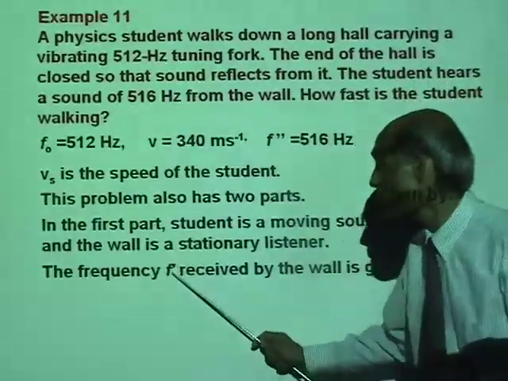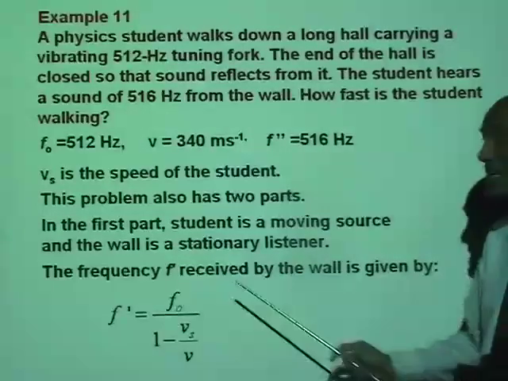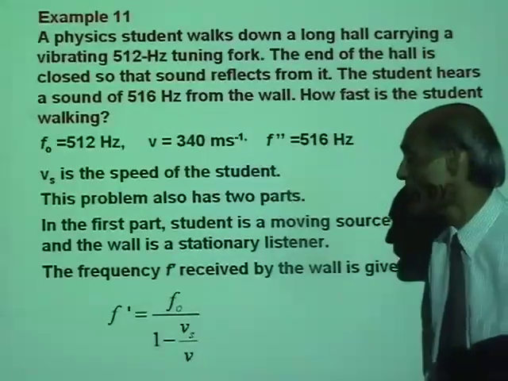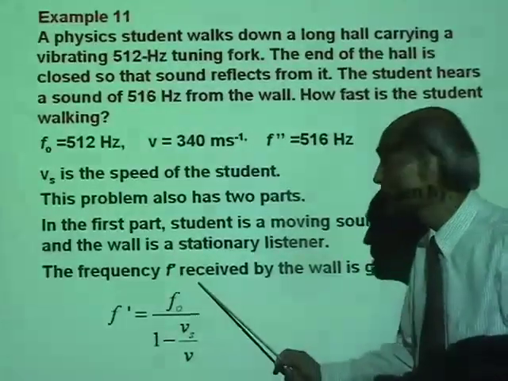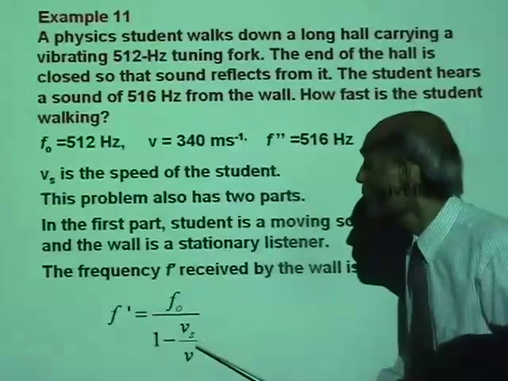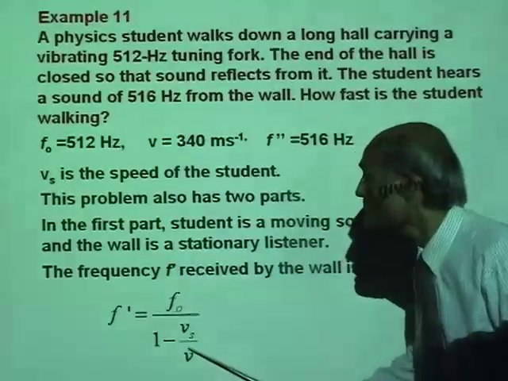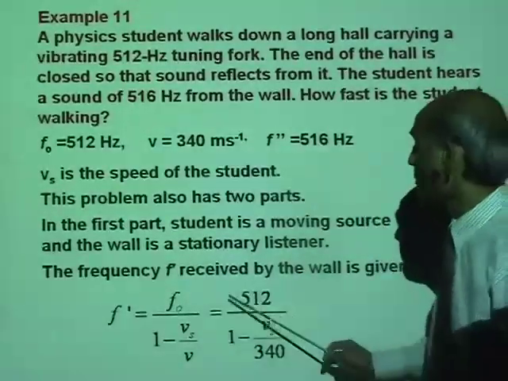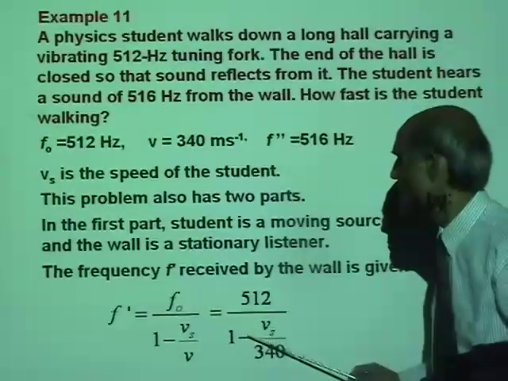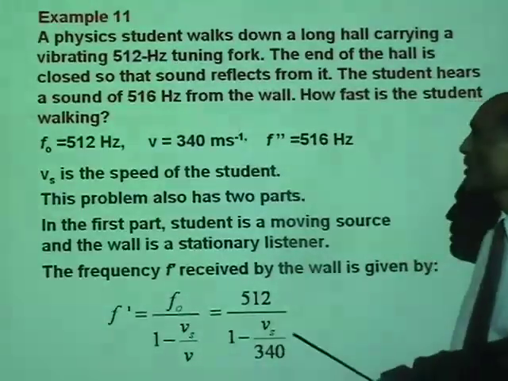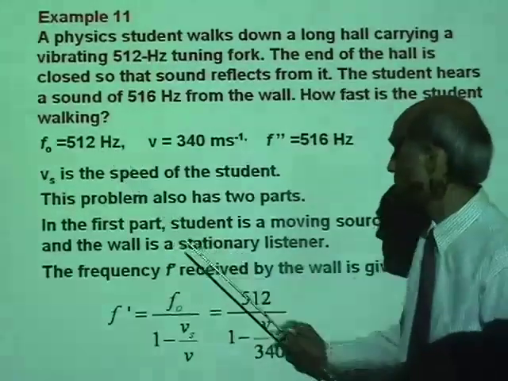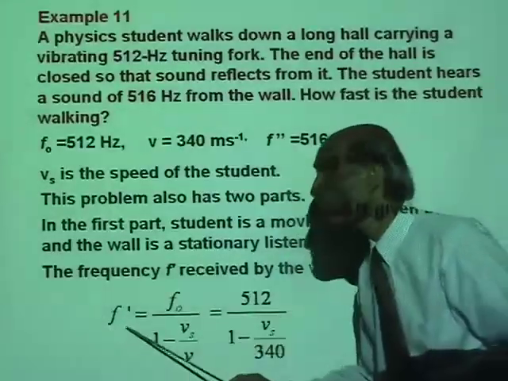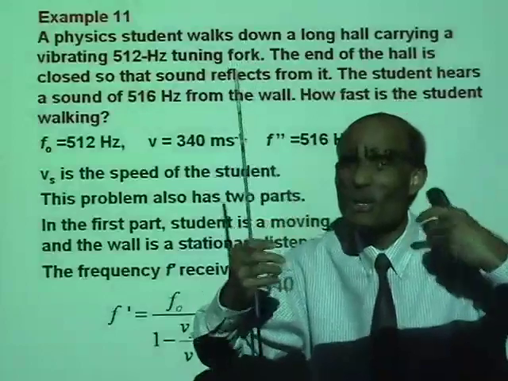The frequency f prime received by the wall is f prime equal to f0 divided by 1 minus Vs over V, where we know f0, we know V, the speed of sound, we don't know Vs. Alright, that will be 512 divided by 1 minus Vs over 340. Is that right? f0 divided by 1 minus Vs over V. That is the frequency as is heard by the wall.